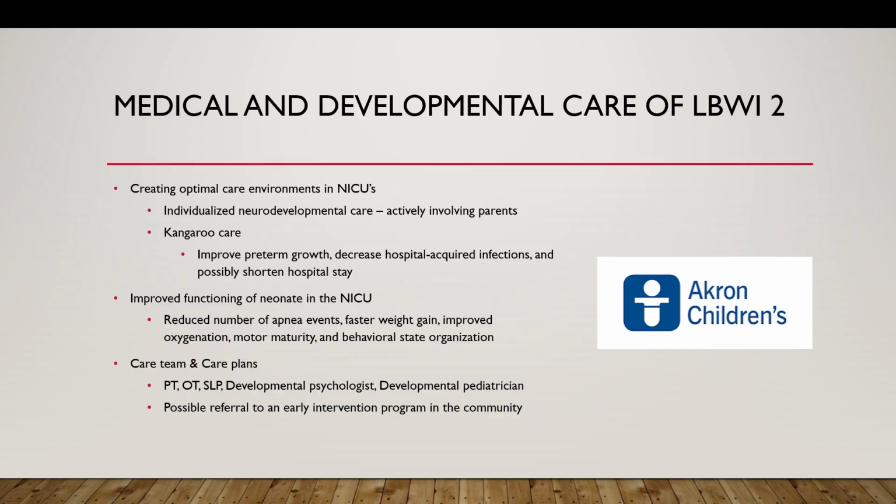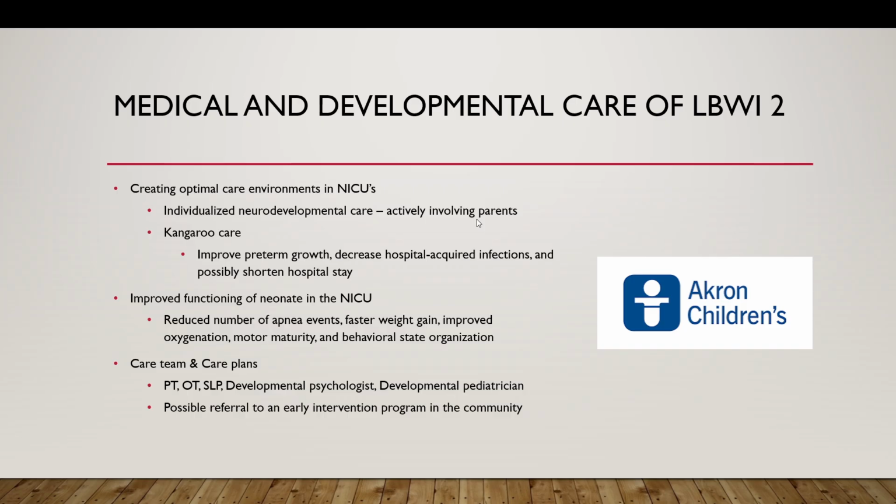Thinking about the medical and developmental care of these babies, we need to create an optimal care environment in the NICU. So, individualized neurodevelopmental care has become the most successful form of treatment, and that involves actively involving the parents.